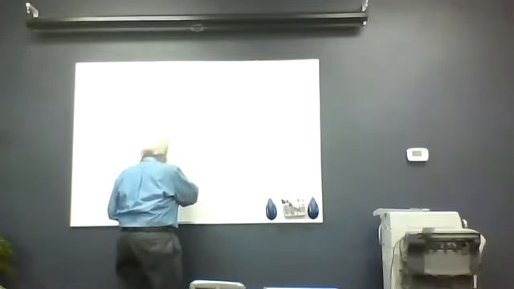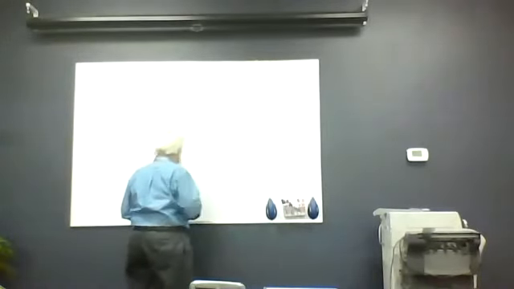Now let's take a look at a couple of special cases. If the line is parallel to the x-axis, what do you think the slope is? 0, right? Because there's no change in y.